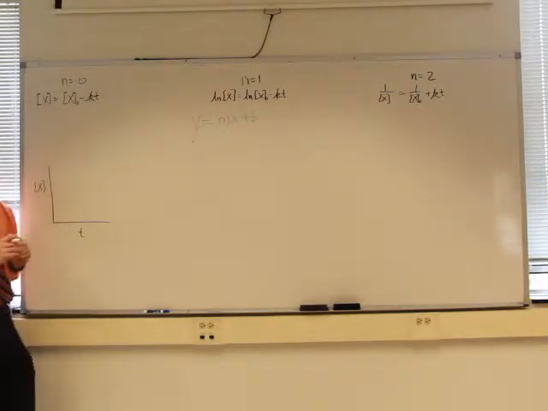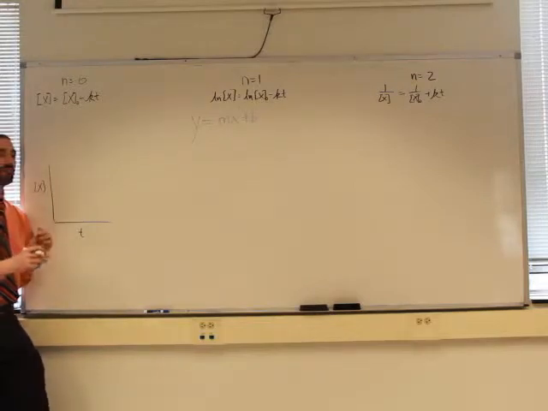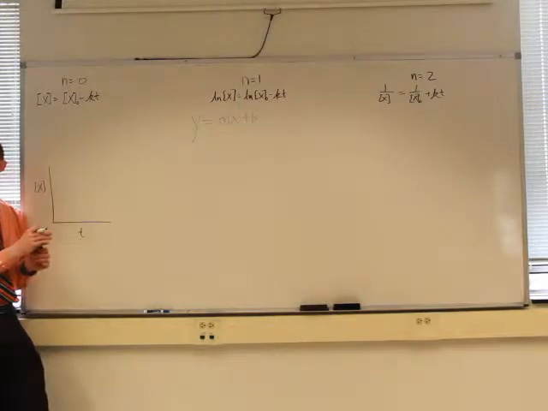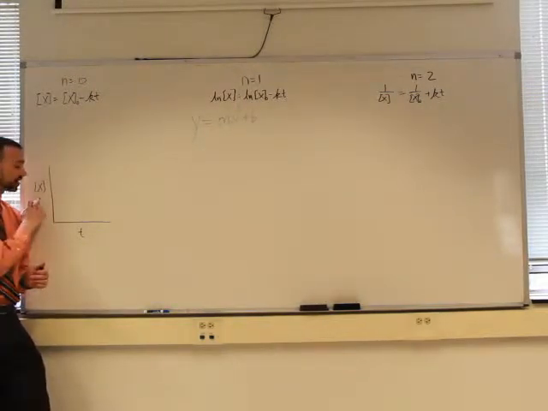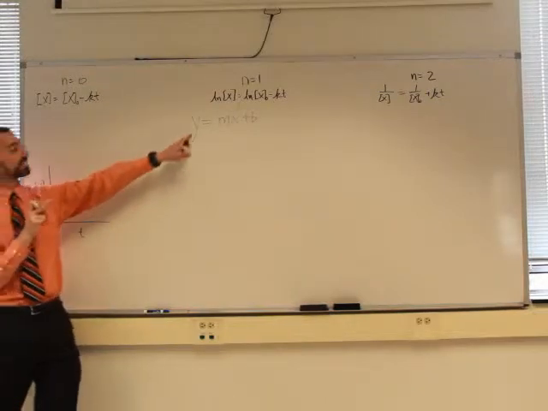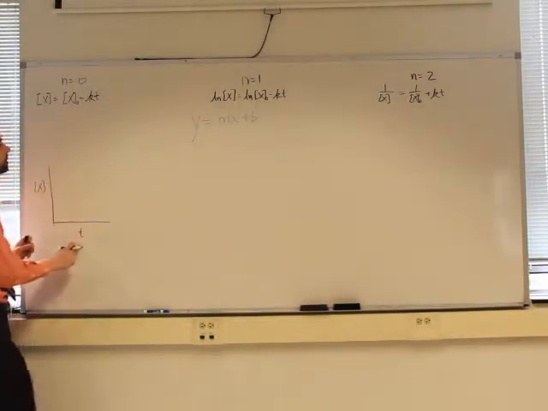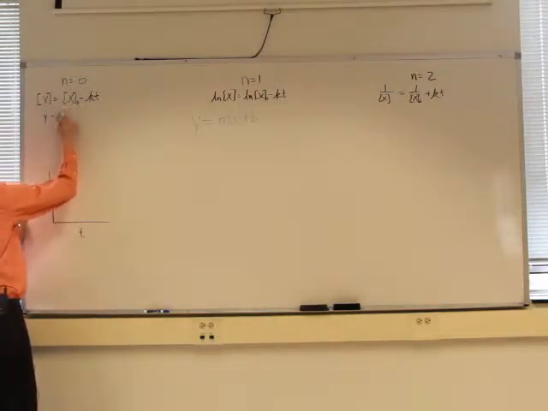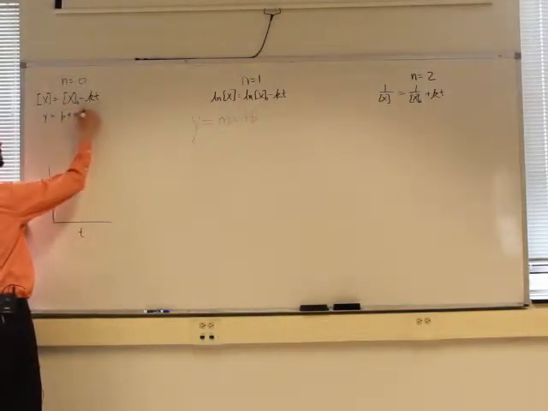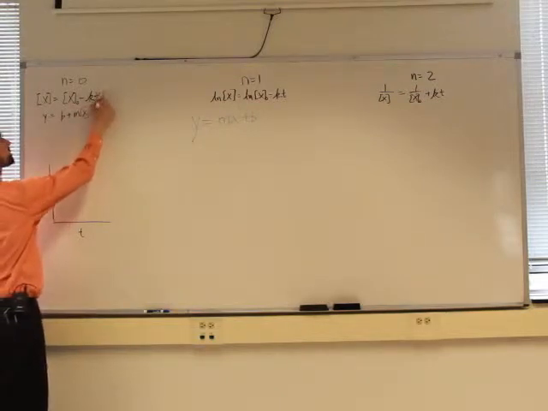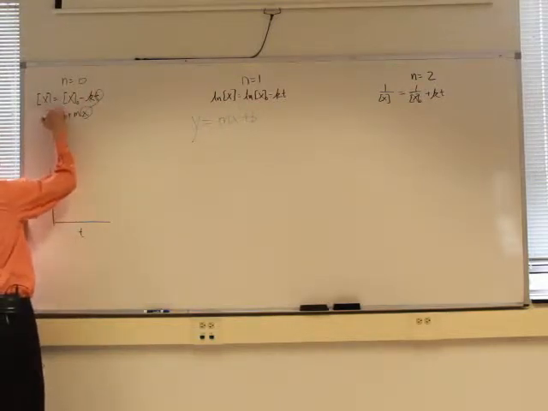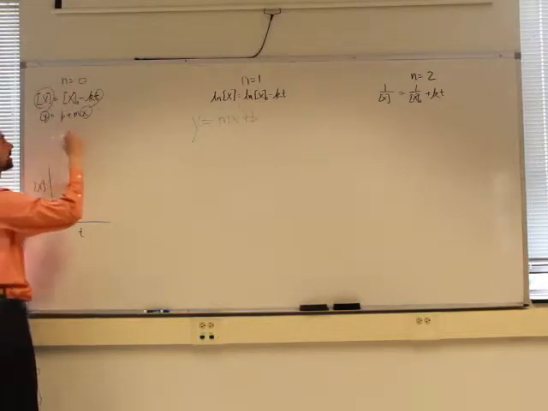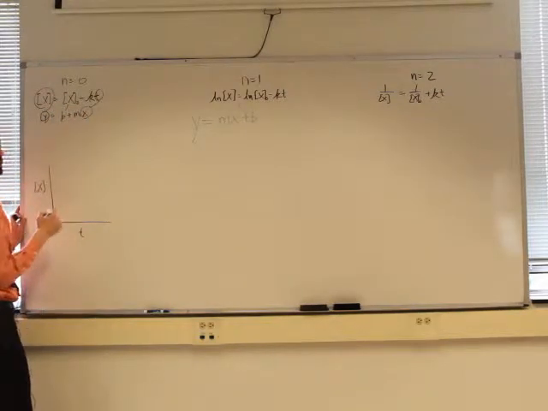So if you follow a reaction and follow the concentration of your reactants at a bunch of different times, and make a graph of concentration on the y-axis versus time on the x-axis, can you see that your x variable is time, your y variable is your concentration, b is the initial amount?